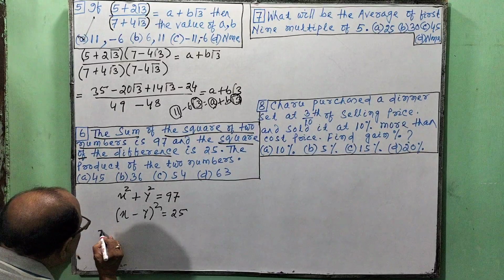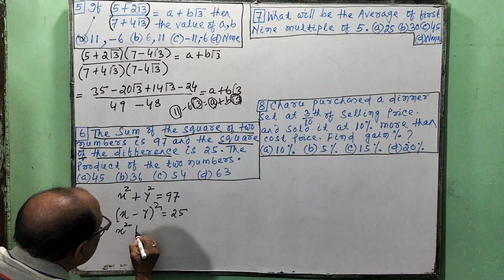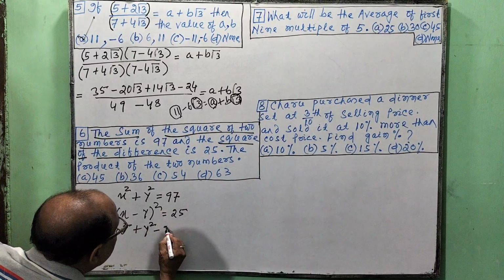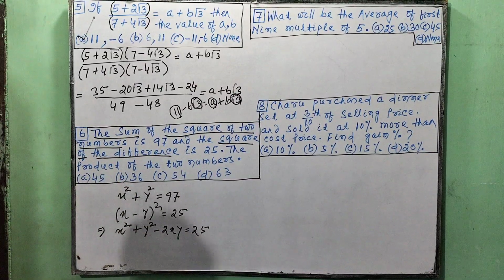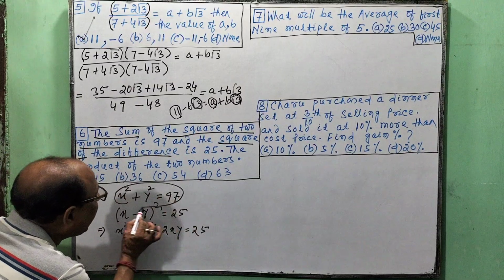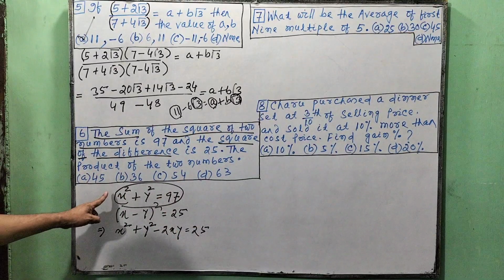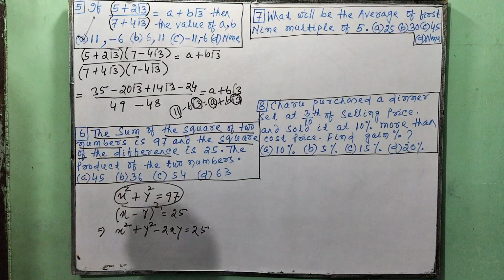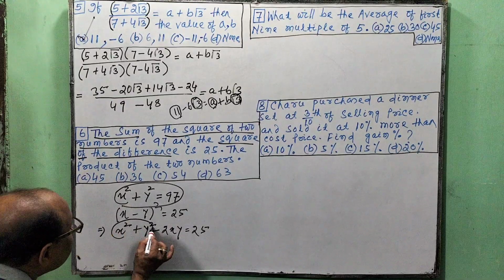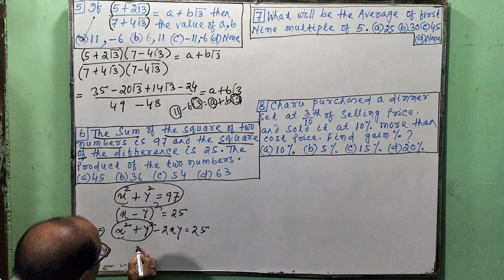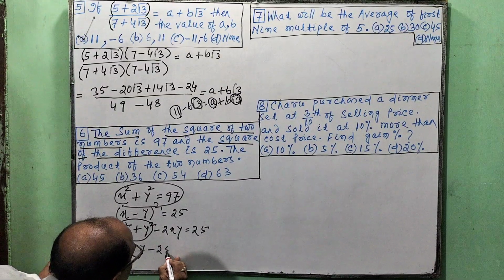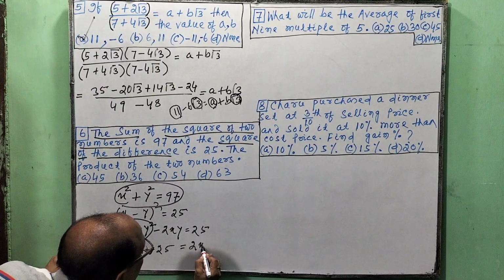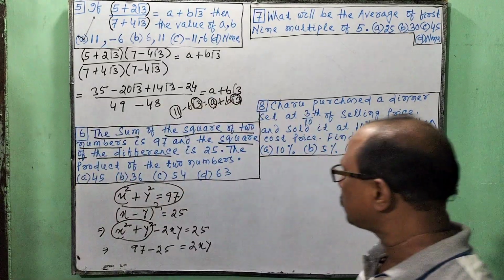Opening this, x square plus y square minus 2xy is equal to 25. But in the first statement, x square plus y square is equal to 97. So I can put 97 here, and 25 here. This is 2xy. Am I right?